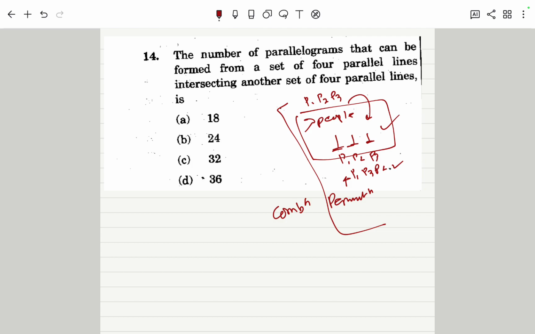To understand the basic difference between permutation and combination, first remember this problem. Second, there are many questions where you are asked to form groups or teams out of a certain number of individuals. Let's say there are P1, P2 and P3, and out of these three you have to form teams of two people.